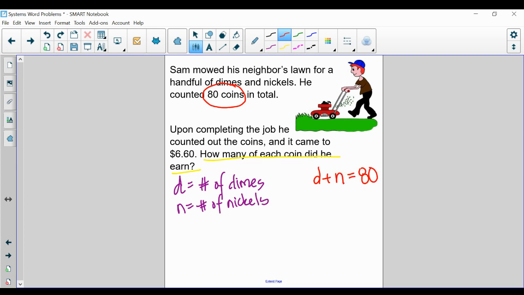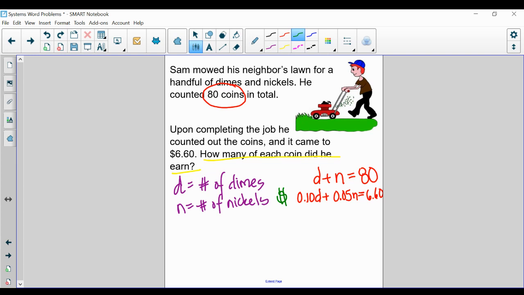So I'm going to say D plus N equals 80. My next equation, there are two different ways of writing this. One way is 0.10D, because I know a dime is 10 cents, plus 0.05N, because I know a nickel is 5 cents, equals $6.60. Now this whole equation is written in terms of money, and there's lots of decimals.